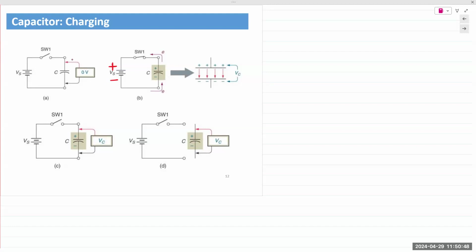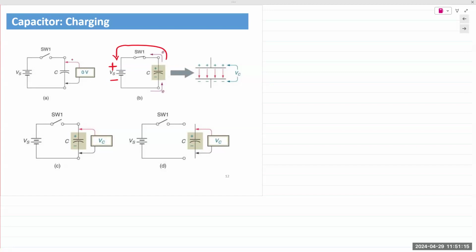A hole has positive charge. Absence of a negative charge results in a net gain of one positive charge. Hence, you see the plus at the top plate of the capacitor. And it's moving towards the positive terminal of the battery, so it's moving in a counterclockwise direction.